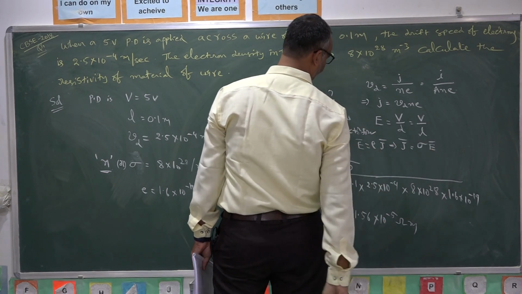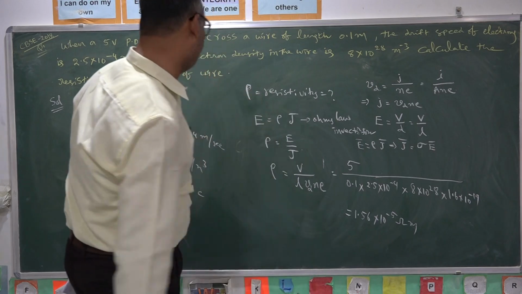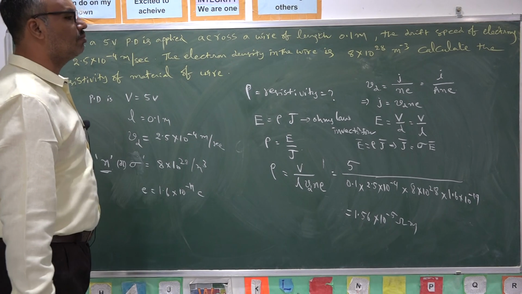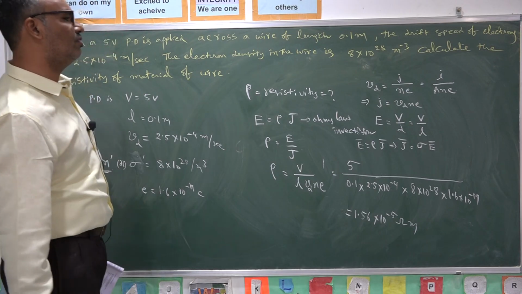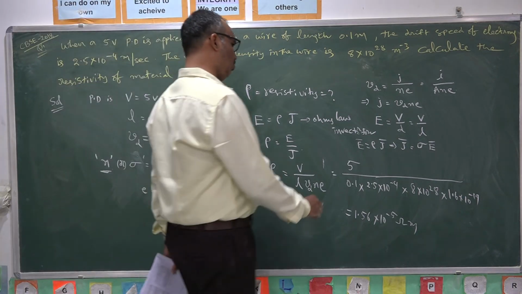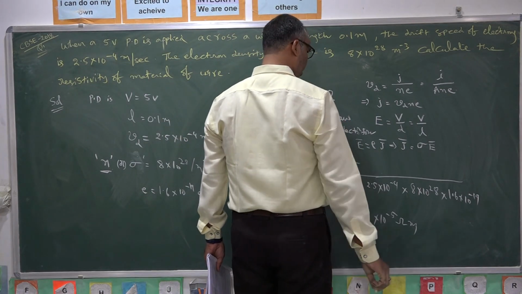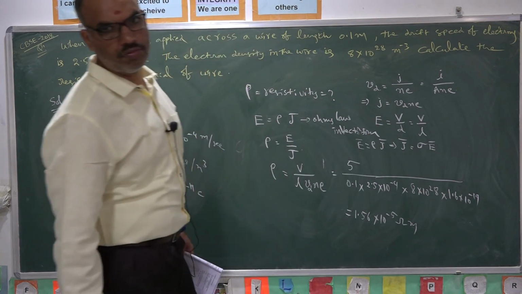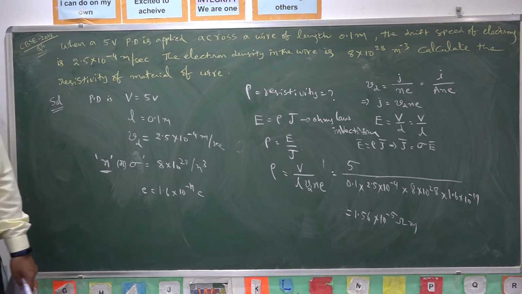Sigma is conductivity. This sigma is different, that sigma is different, so I can write it as sigma dash. So that is Ohm's law in vector form. So very important question and very easy question.